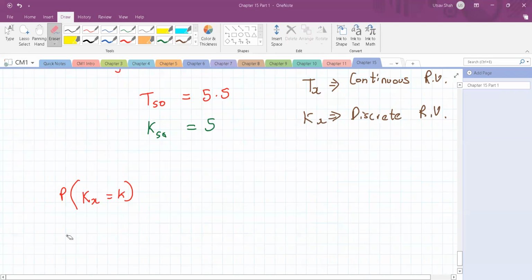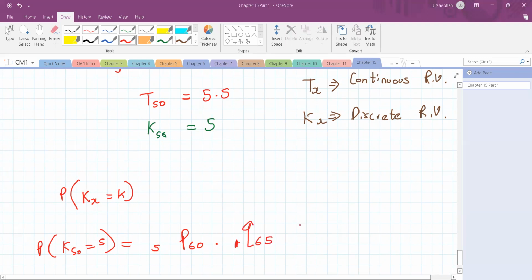What is Kx? That he lived 5 full years but did not live 6 full years. So that is the probability of K50 equals 5. He lived 5 full years, but then he did not complete the 6th year.